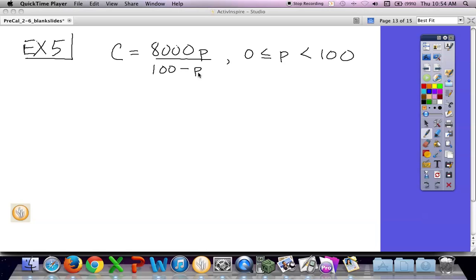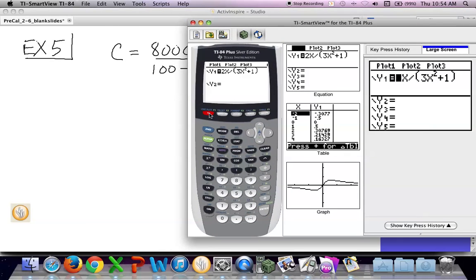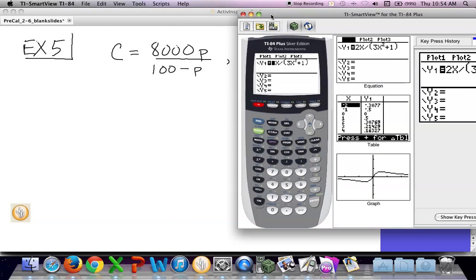Okay, sketch the graph of the function. So look, we could just put it in the calculator. 8,000 x divided by 100 minus x.